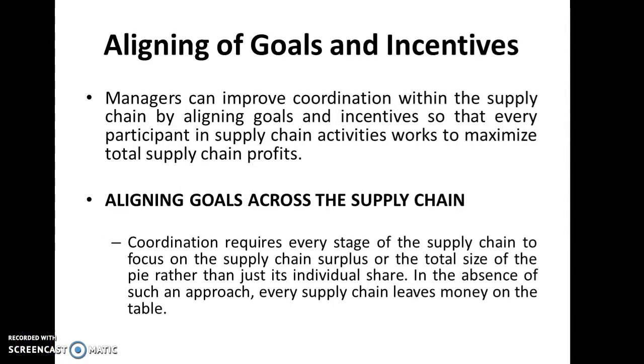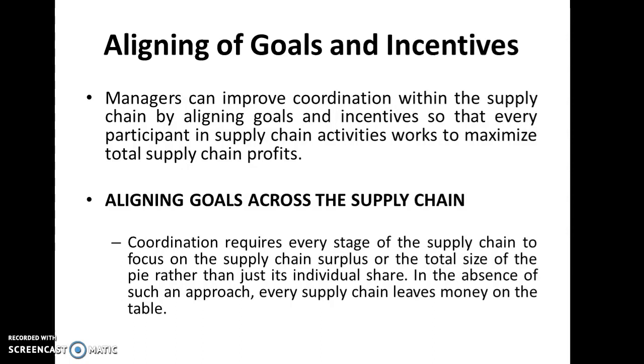First one, aligning goals and incentives. Managers can improve coordination within the supply chain by aligning goals and incentives so that every participant in the supply chain works to maximize total supply chain profits.